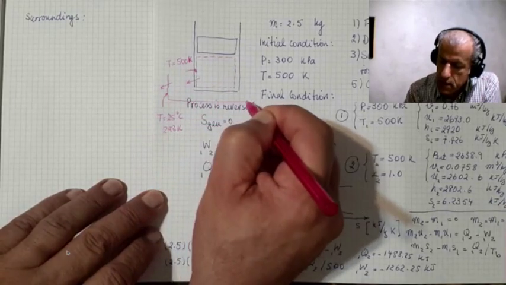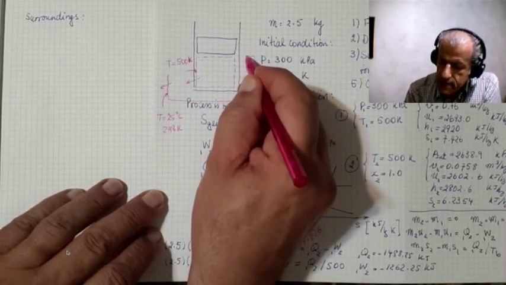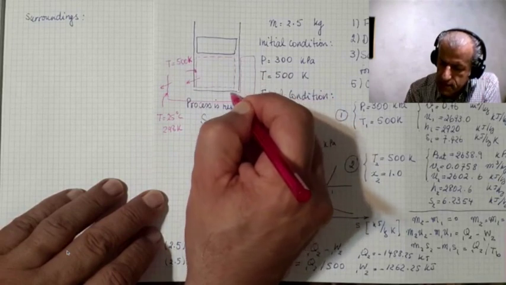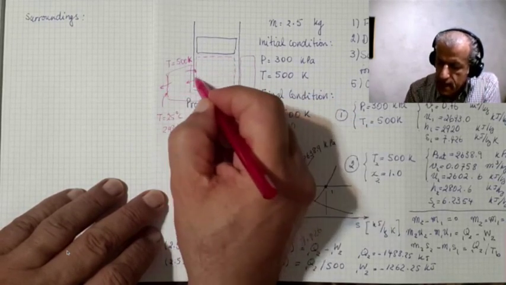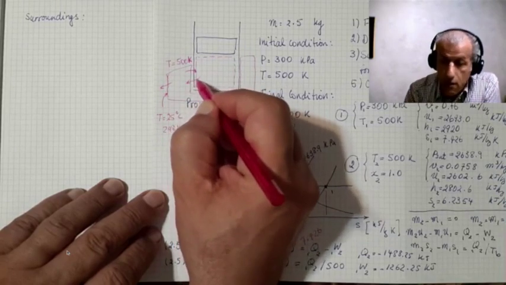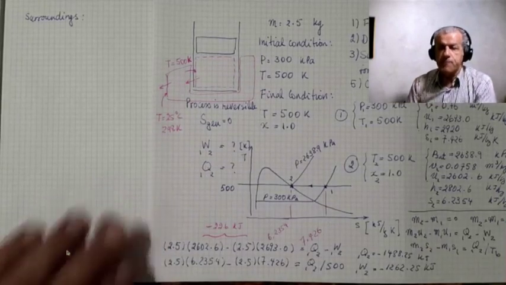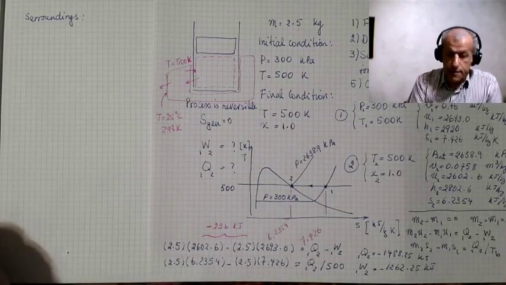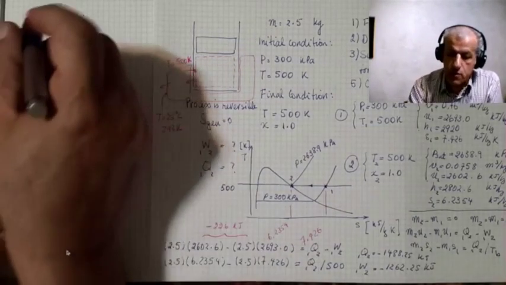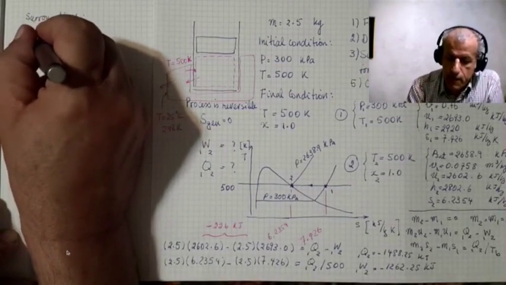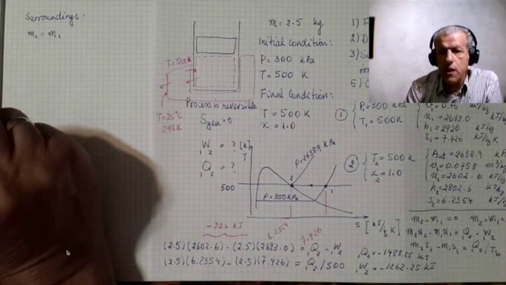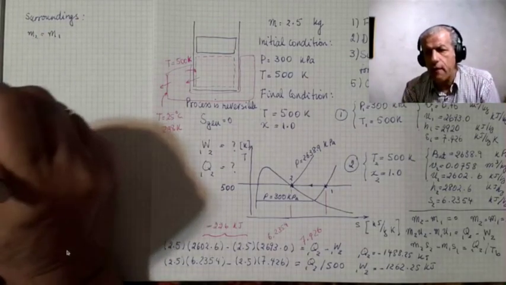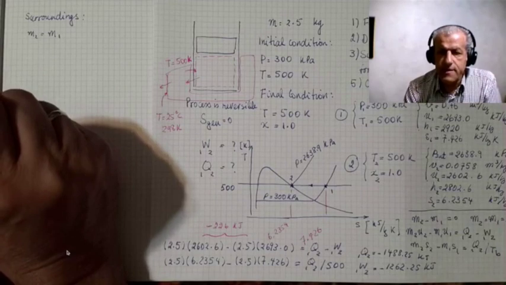And this is our near surrounding. Please make these two boundaries coincide because they are both the same thing. So there is no mass going in and going out. So M2 equals M1 for the near surrounding, and this is, say, the air near that cylinder.